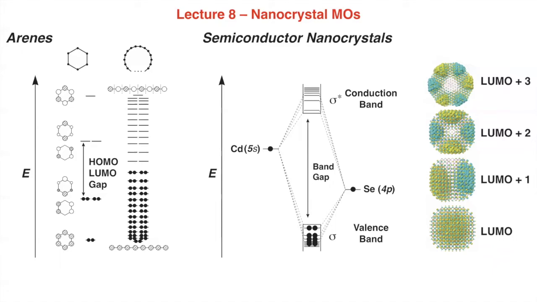And then on the right, you can see an MO diagram for cadmium selenide, where we've combined the 5s functions and the selenium 4p functions to make up the conduction and valence band levels. And then I've shown example LUMOs for quantum dot here on the right, kind of showing how these orbitals look an awful lot like these orbitals do.